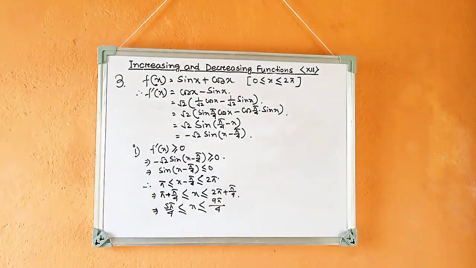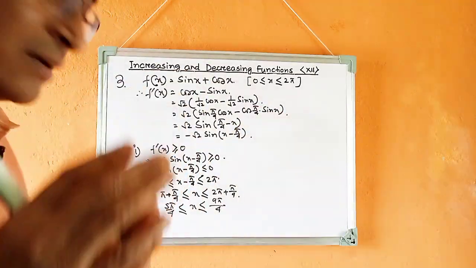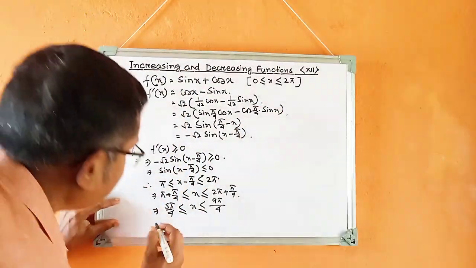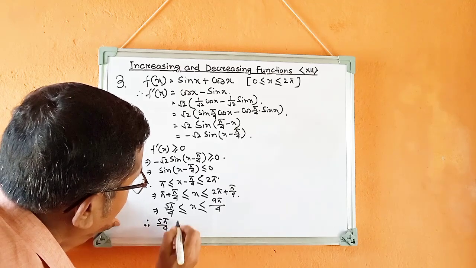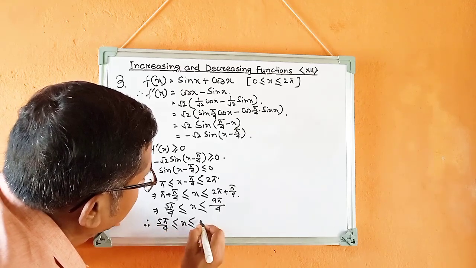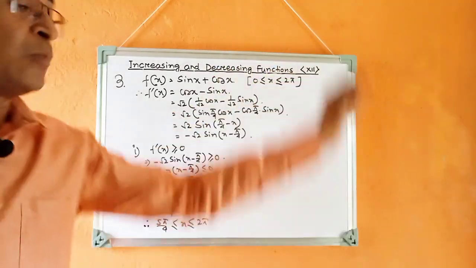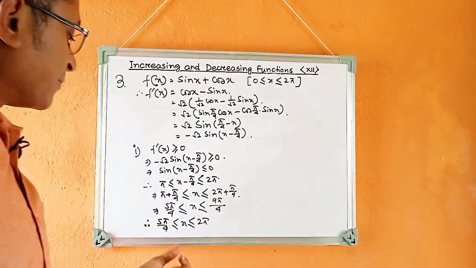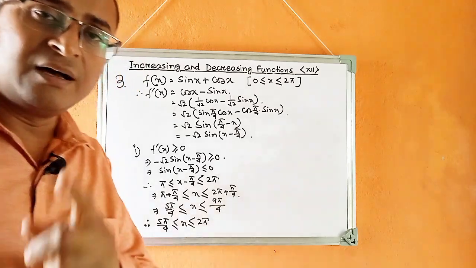But the condition is 0 to 2 pi. So what is the increasing function range? The increasing function range is 5 pi by 4 less than or equal to x less than or equal to 2 pi. 9 pi by 4 crosses 2 pi, that is why we write 5 pi by 4 less than or equal to x less than or equal to 2 pi.